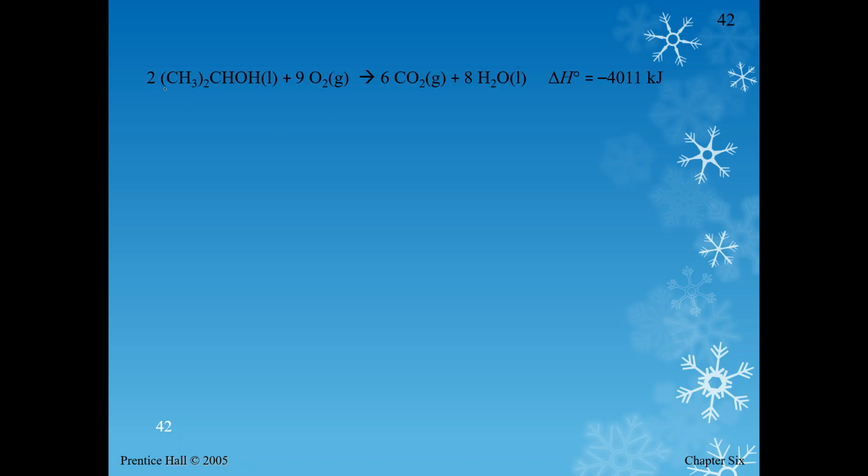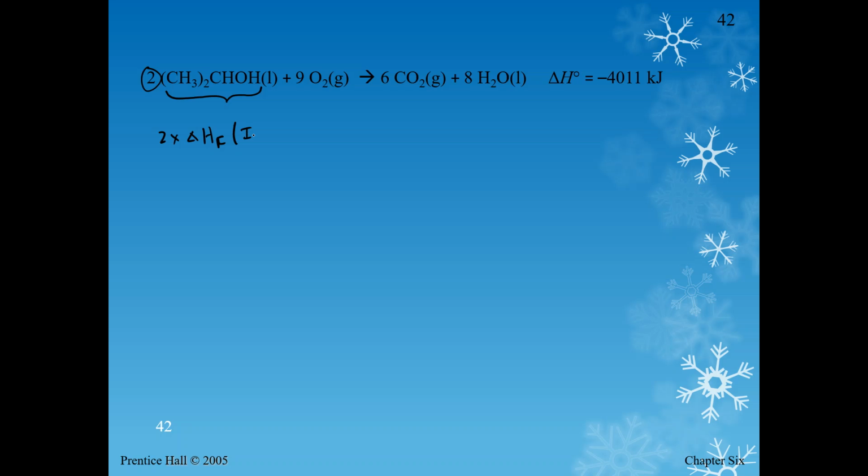The question is asking for the enthalpy of formation of isopropyl alcohol, all right? You notice that there's a 2 here. So basically, if we did know what this value is, we'd have to multiply its value by 2. So I'm going to write 2 times the enthalpy of formation of isopropyl alcohol. Now, because I'm lazy, I'm going to use an abbreviation here.